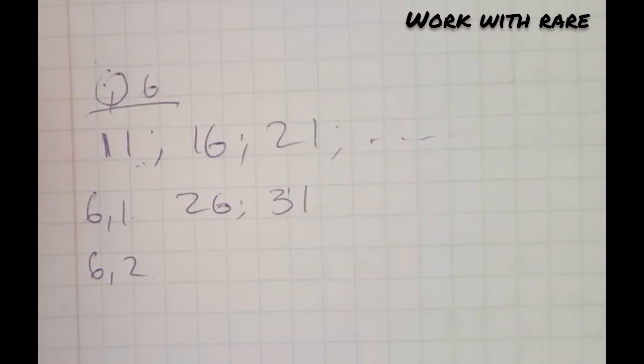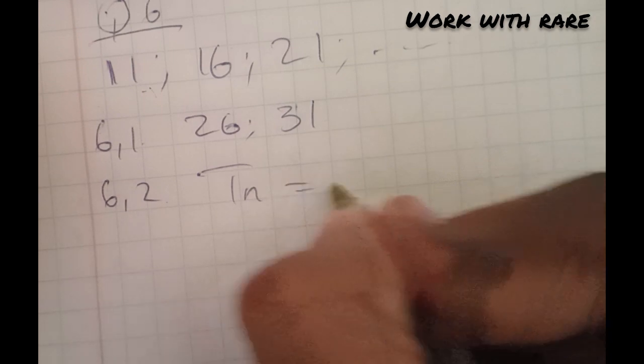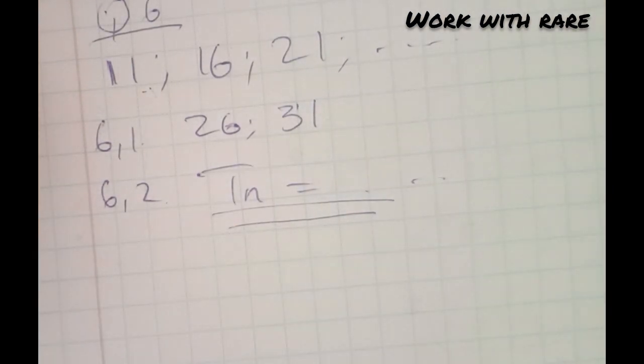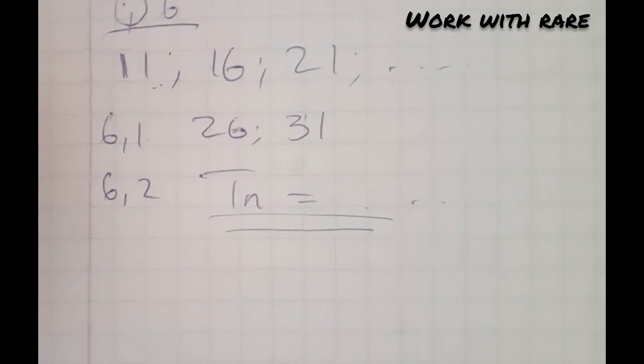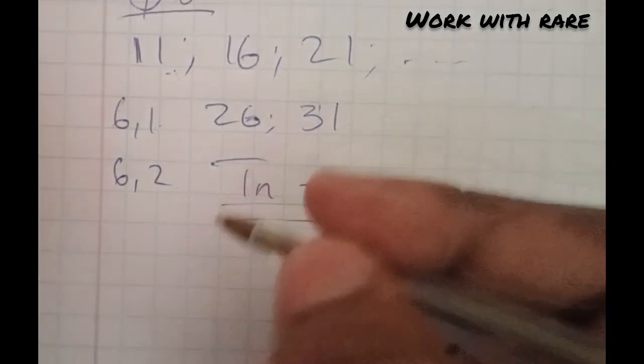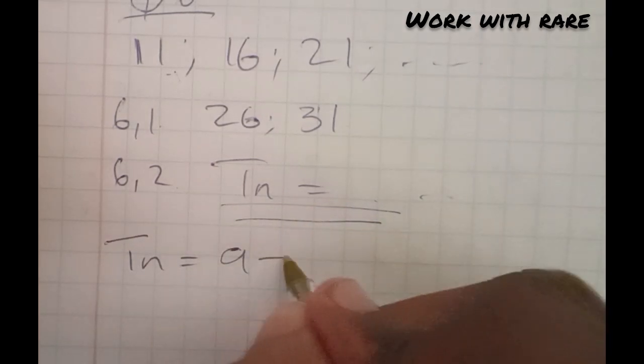6.2 says, give the general formula in the form Tn. So for us to get this one right, we should use a formula. I'll teach you this formula for our sequence.